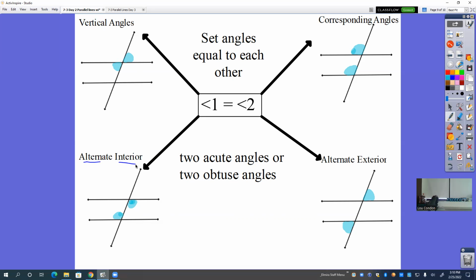Alternate interior angles are angles that are in between or inside of the parallel lines on opposite sides of the transversal. They too are equal. And lastly, alternate exterior angles are angles that are outside the parallel lines on opposite sides of the transversal. They too are equal. So, all different types of angles that are considered to be equal to help you in your process of solving the equations and finding the missing angles.